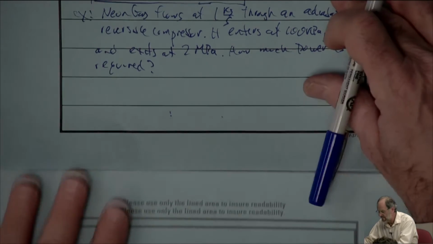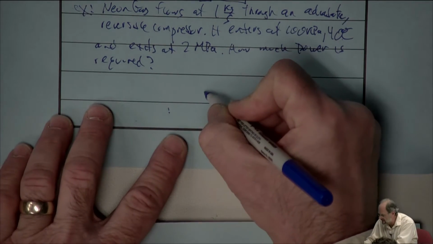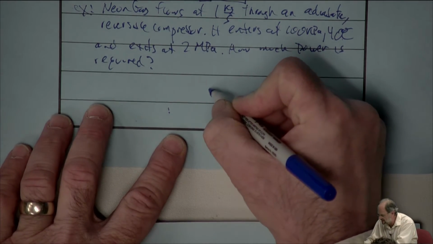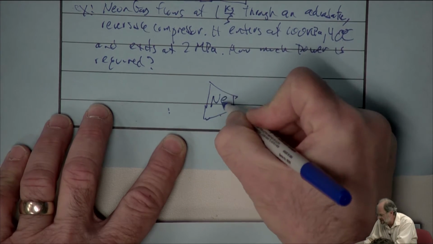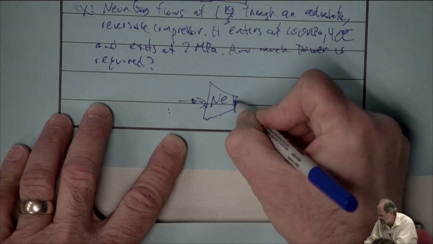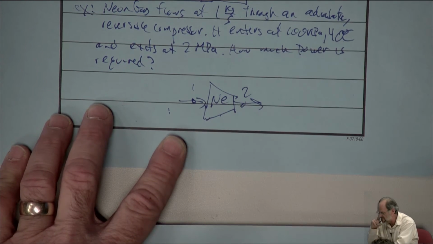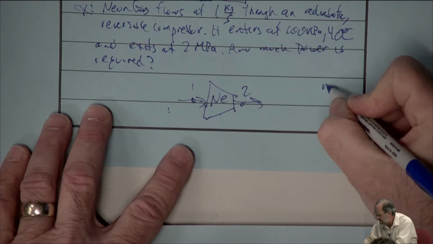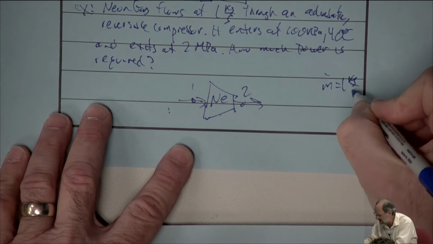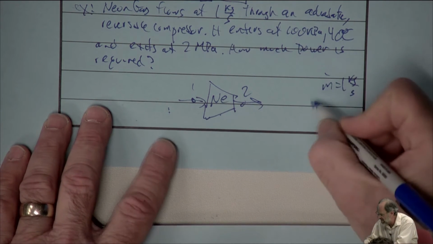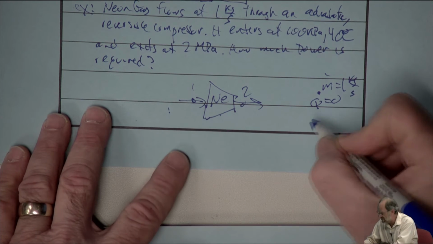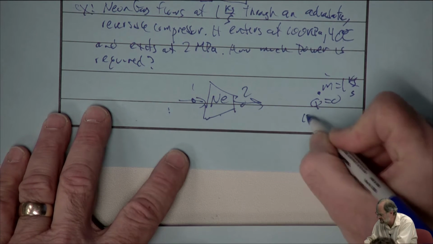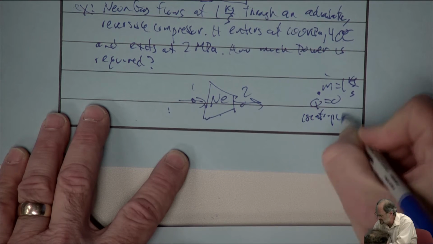Okay. So first things first, here's my compressor. I'm using neon gas. I'll just let 1 and 2 be inlet and exit. The mass flow rate is 1 kilogram per second. It's adiabatic and reversible, so heat transfer rate is 0. The fact that it's adiabatic and reversible means it's isentropic.